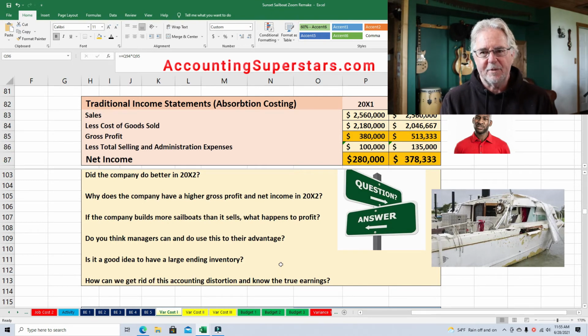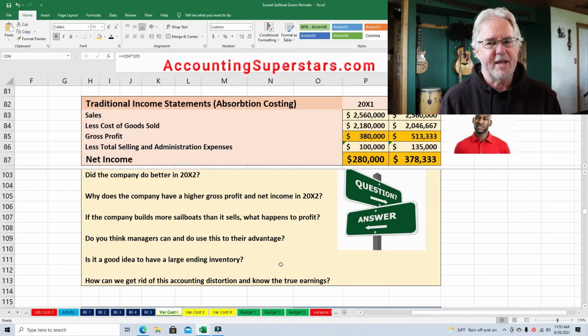What if a big hailstorm comes through and wrecks the decks of the boats, and the sunlight's going to deteriorate the boats? It's not good to have a lot of ending inventory. Bad idea. A lot of money's tied up too. The company still has to pay the bills for all the raw materials and the labor to build that ending inventory. So they may have a cash crunch, even though they look better on the income statement, but they're really not doing better.